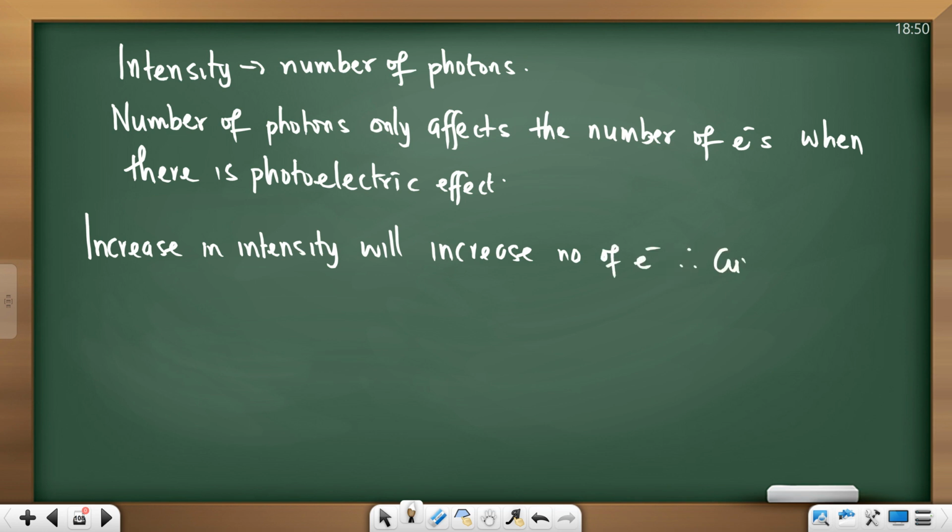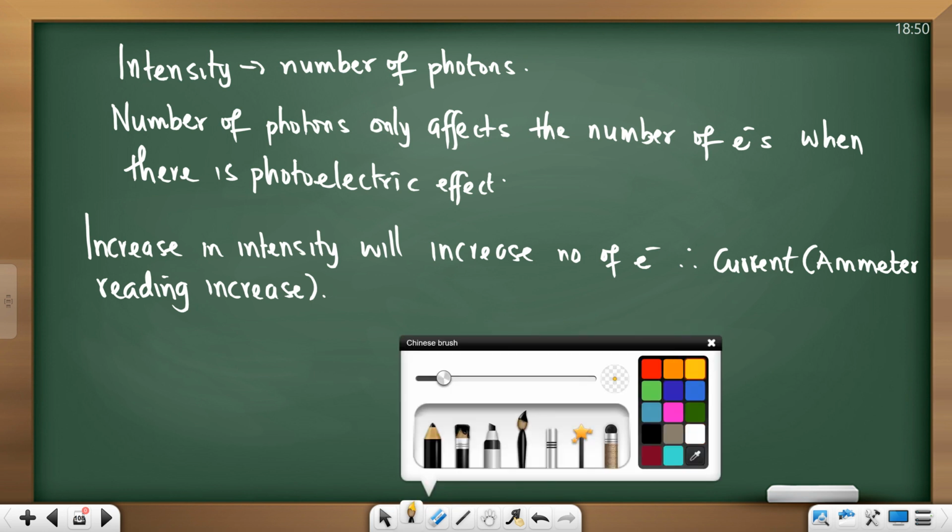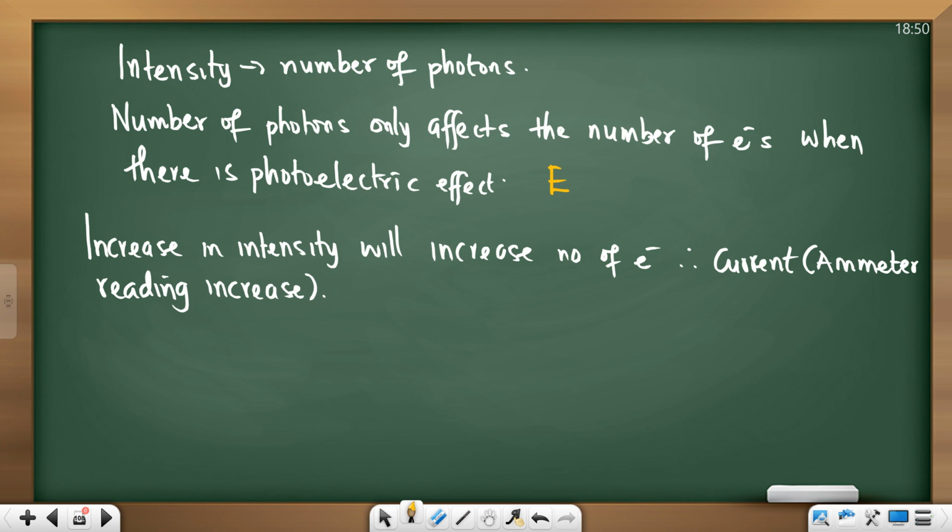Therefore, current, or what you know as ammeter reading, will also increase. And I could quickly sketch graphs for you. Please take note: kinetic energy of electrons remains the same, because we are only talking about intensity.